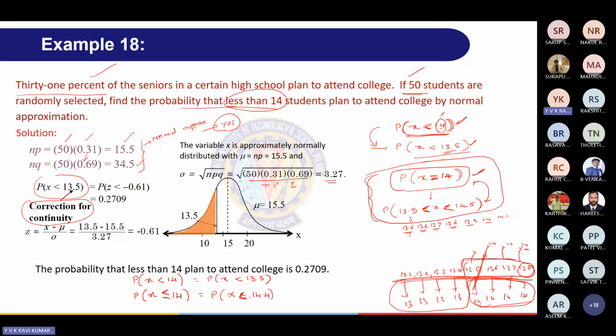14.1 is nothing but 14. 14.2 is nothing but 14. And the third one is if you take x equal to 14, then it is P of 13.5 less than x less than 14.5, something like this. Even if by mistake you put equal to also, it doesn't make much difference because it's an approximation. Approximation gives a small error.